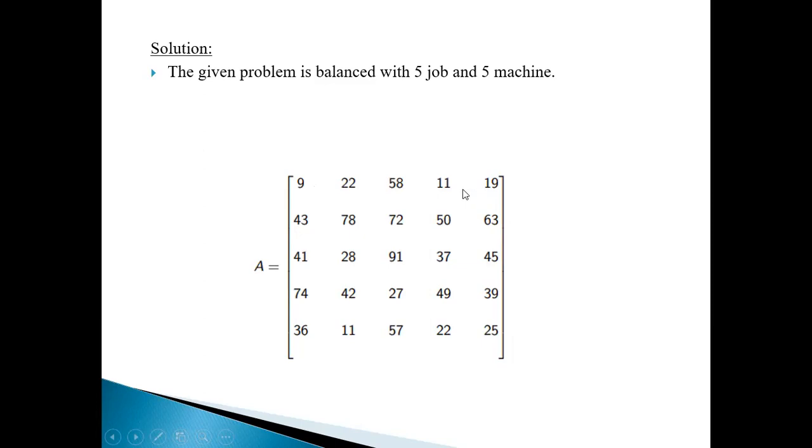You take row 1, identify the least integer. Here 9 is the smallest number compared to the other remaining values in row 1. So select that number and subtract 9 from all the other values in the corresponding row. How to do that?